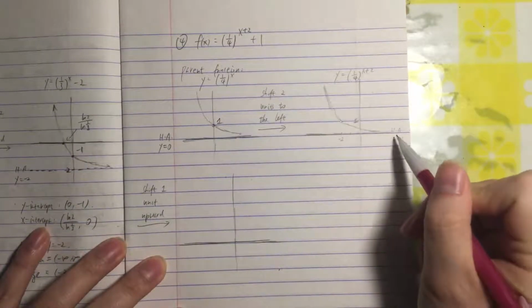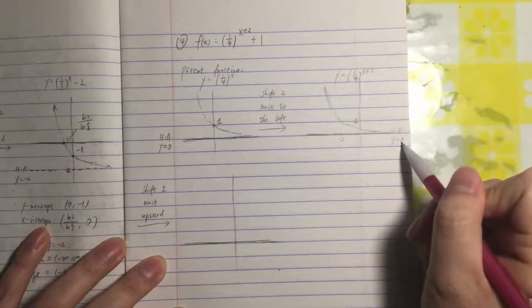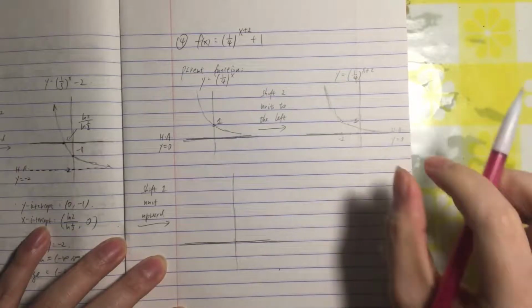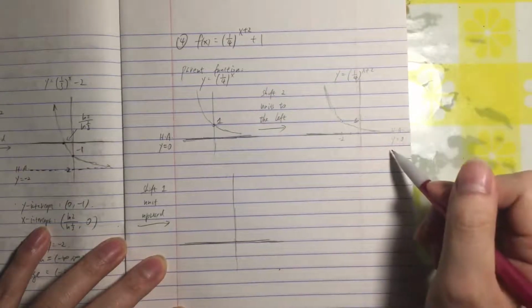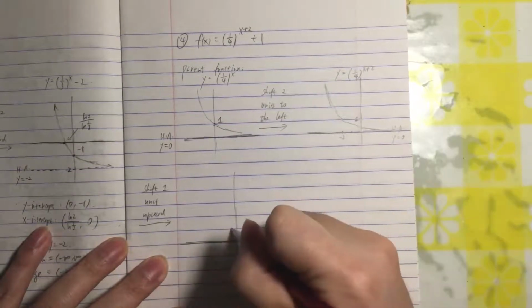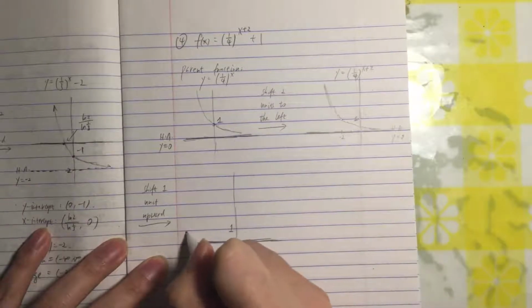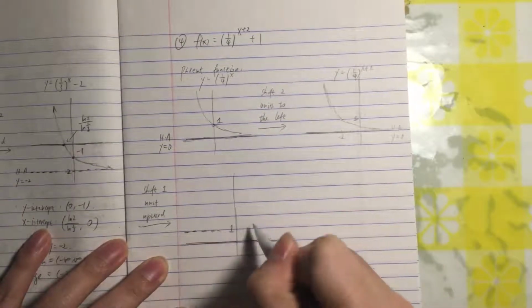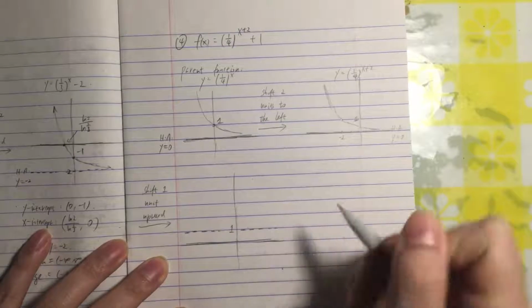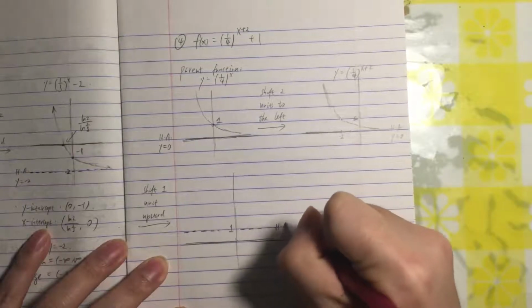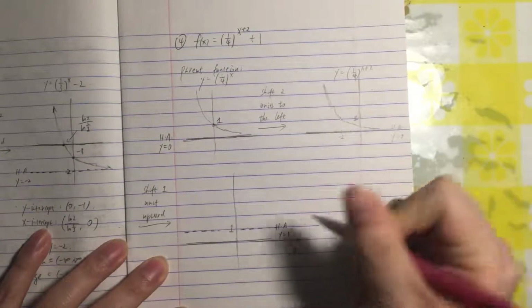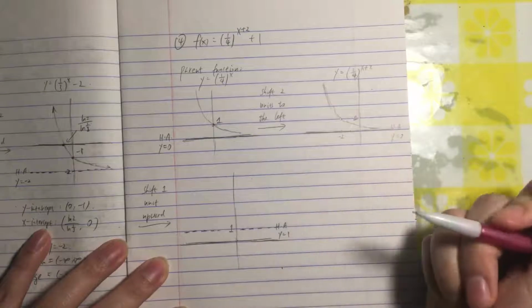The horizontal asymptote was y equal to 0 here. If I shift it 1 unit upward, I need to shift the asymptote at the same time, so it becomes y equal to 1. That's the new horizontal asymptote.